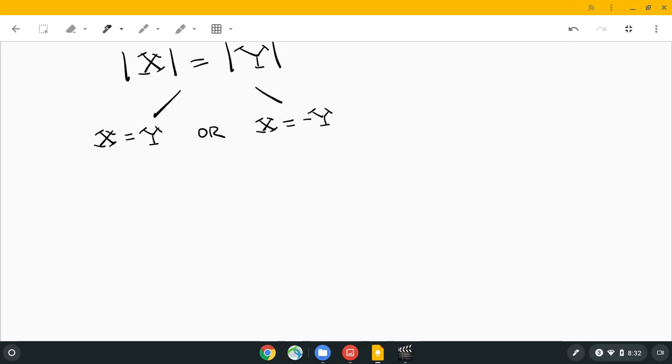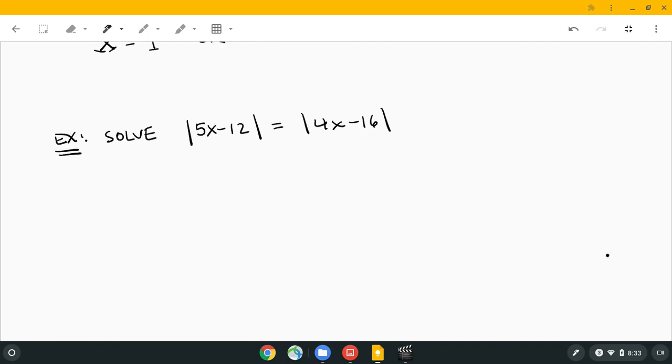So let's take a look. Here's an example. Solve absolute value 5x minus 12 equals absolute value 4x minus 16. Okay.